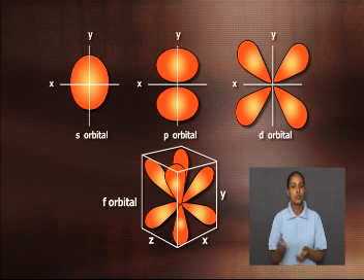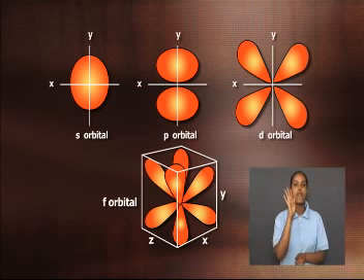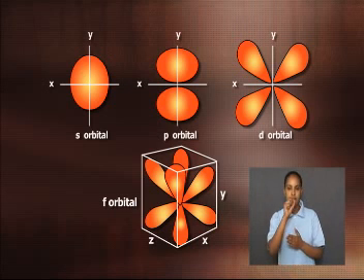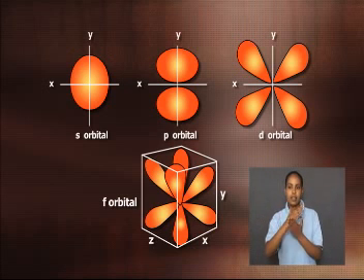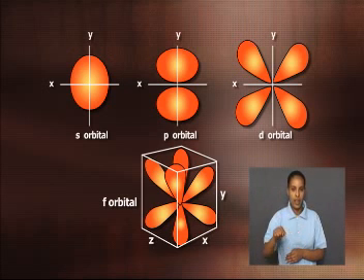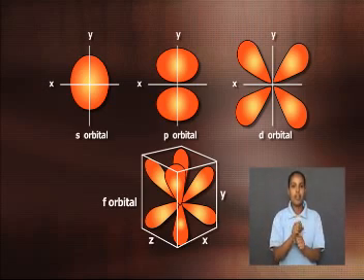So far, we have discussed 3 orbitals, but there are actually 4. Each S subshell contains only 1 orbital. Each P subshell contains 3 orbitals. Each D subshell contains 5 orbitals, and each F subshell contains 7 orbitals.